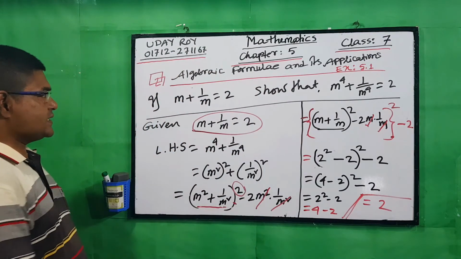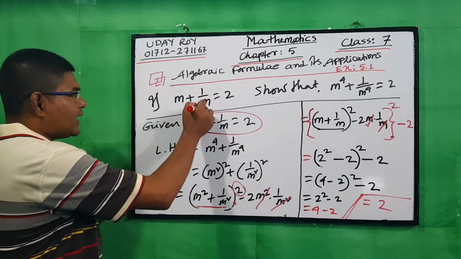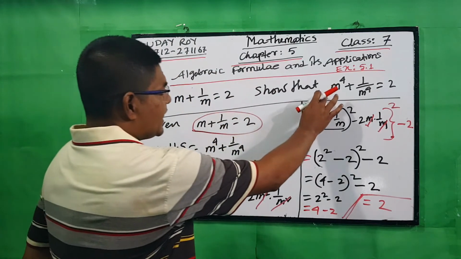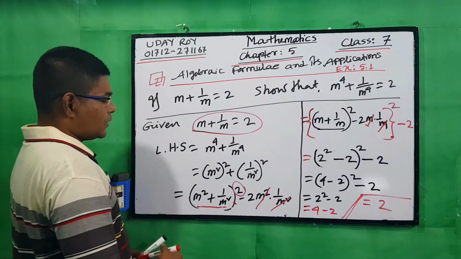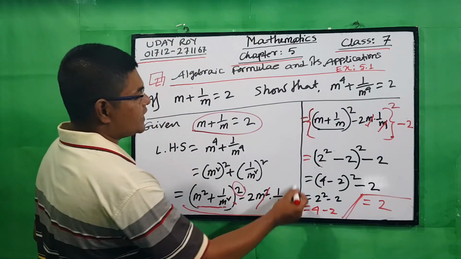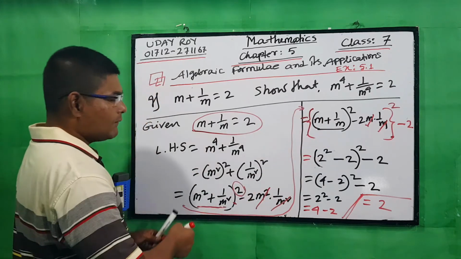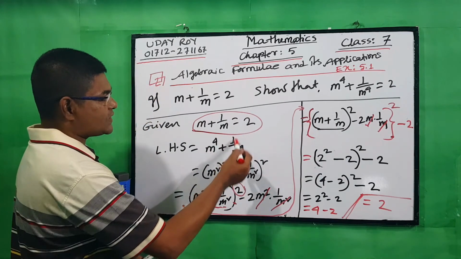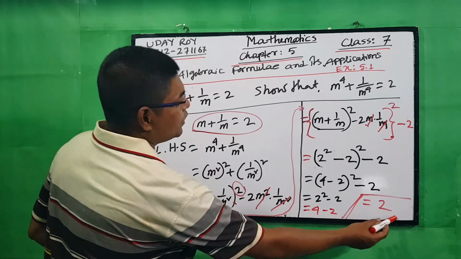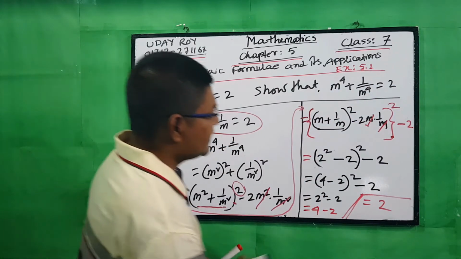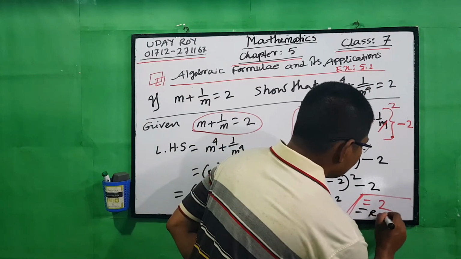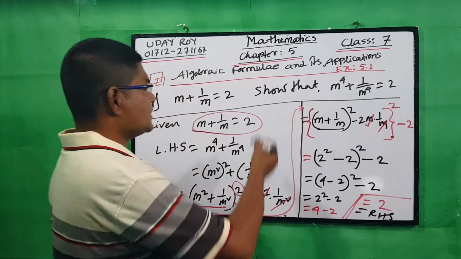So what is our maths? If m plus 1 by m equal to 2, show that m to the power 4 plus 1 by m to the power 4 equal to 2. So you can say we have got m to the power 4 plus 1 by m to the power 4 equal to 2. So this is left hand side and this is right hand side. Here is show that.